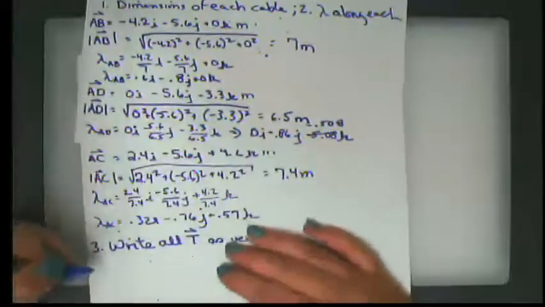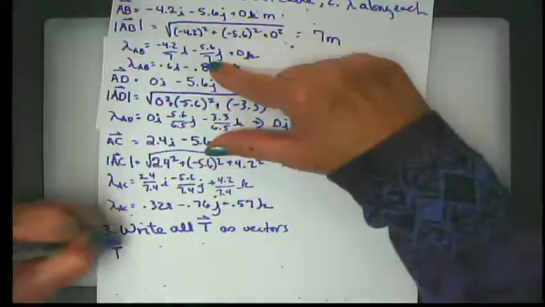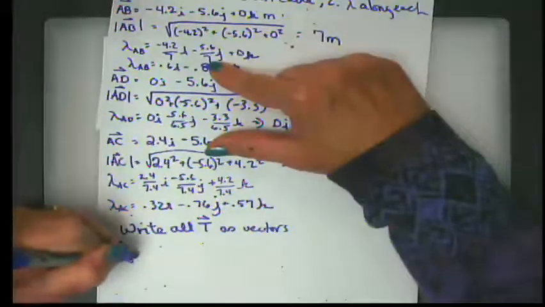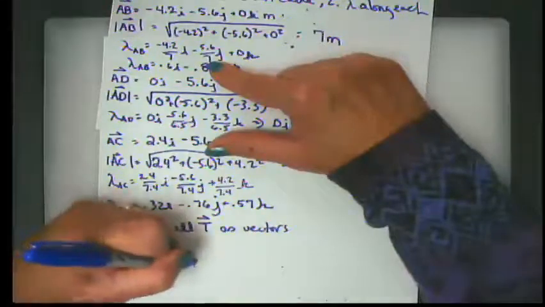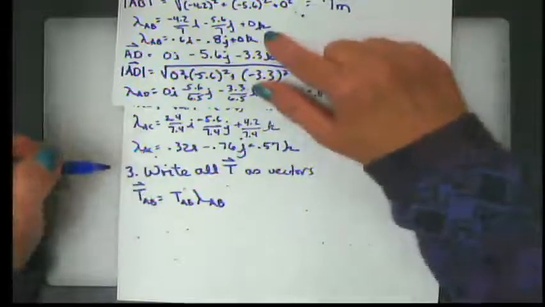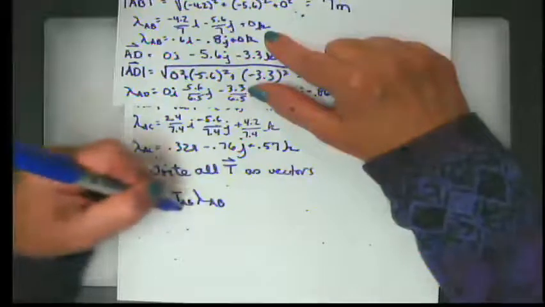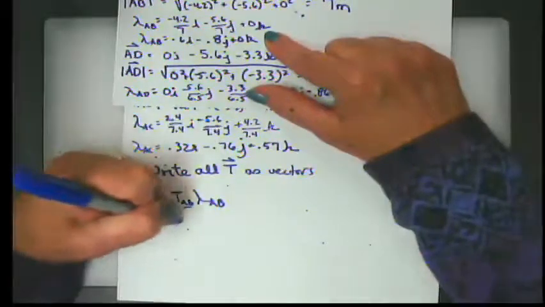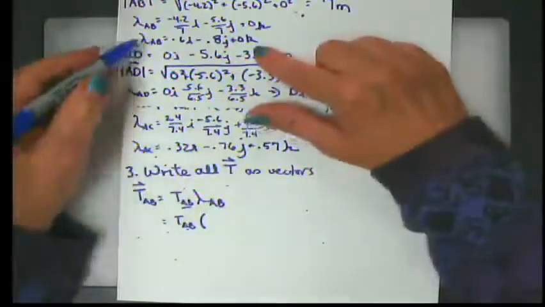Starting with AB, the tension written as a vector of AB is the magnitude of the tension AB times lambda along AB. And I have lambda along AB right here. I don't know this value, so I can just write it as TAB times the unit vector, 0.6i minus 0.8j.